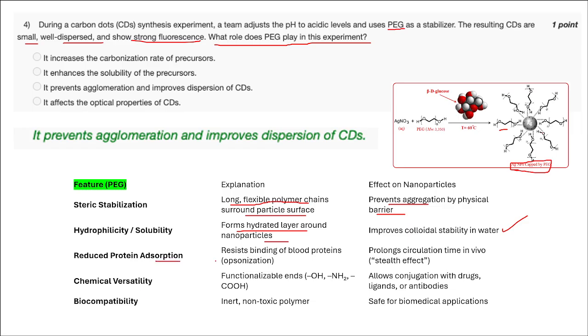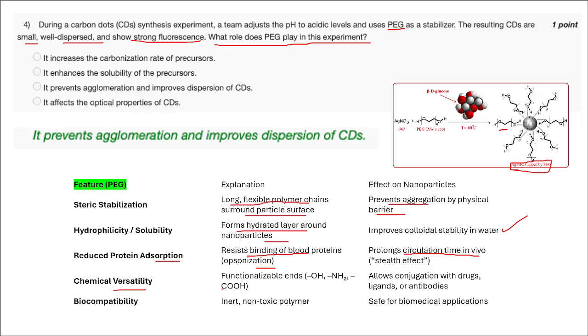Then reduced protein adsorption. It resists binding of blood proteins, opsonization. Most of the time there is this corona effect, this opsonization, so there is deposition of blood proteins on these nanoparticles, which can alter their inherent characteristics. But by capping, by stabilizing the nanoparticles using PEG, we can prolong circulation time in vivo.